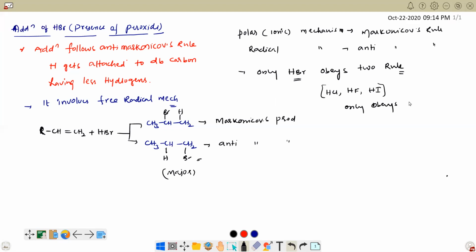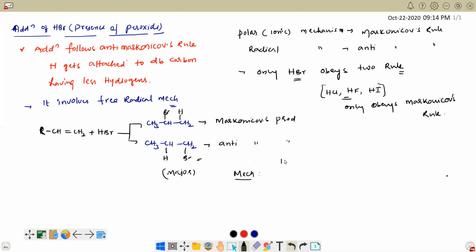So they obey only Markovnikov rule. Okay, these three, right? Understood? Yes, sir. Let's go for the mechanism.